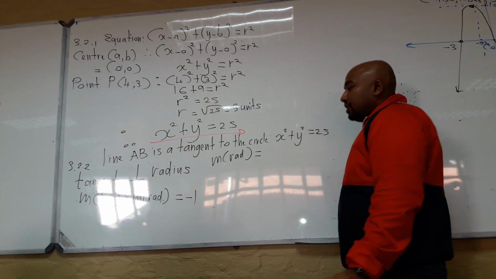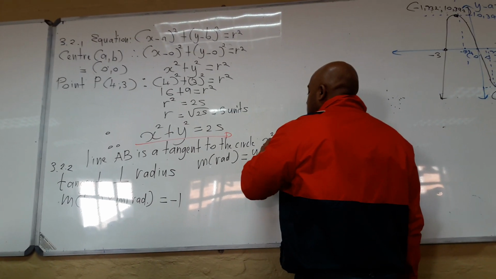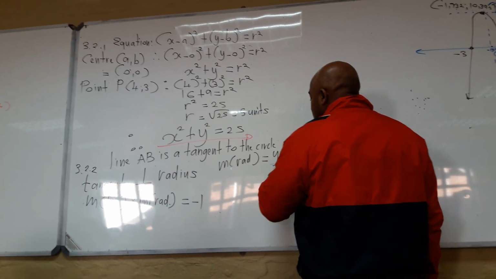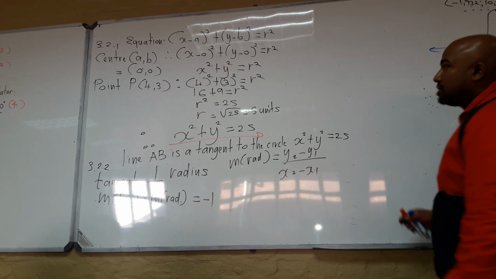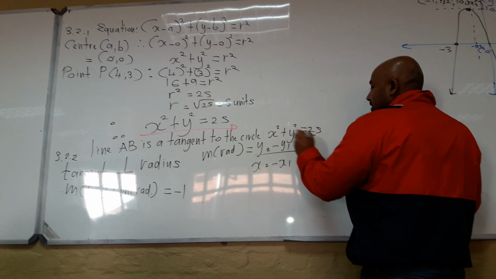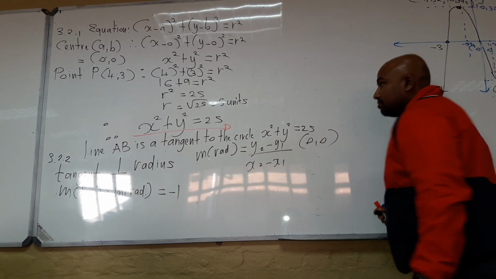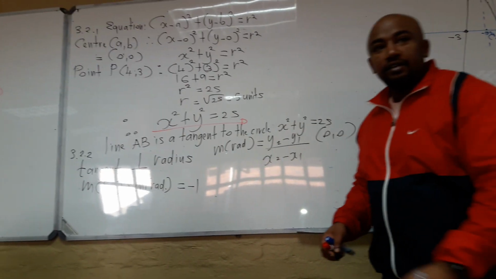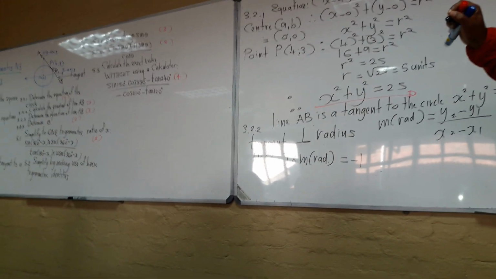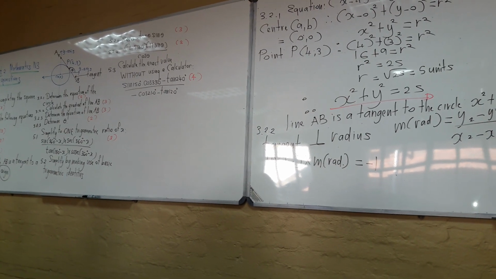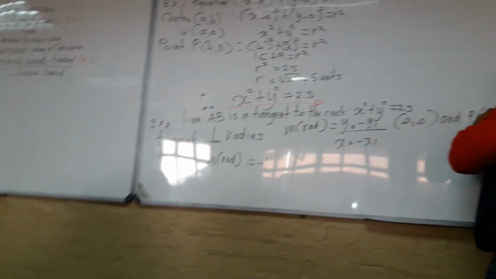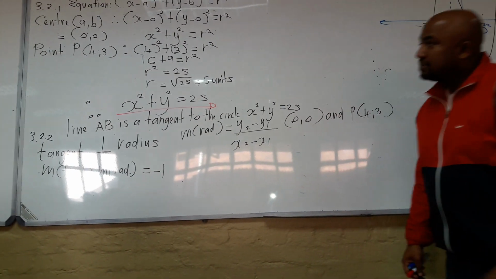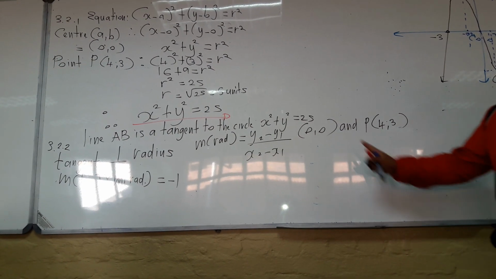What is the formula for gradient? It is y2 minus y1 all over x2 minus x1. What are the 2 points that we are using? We will use the origin, because there's a radius there. You can see the radius starts from the origin, and we have this point P, which is (4, 3) there. We have 2 points there.